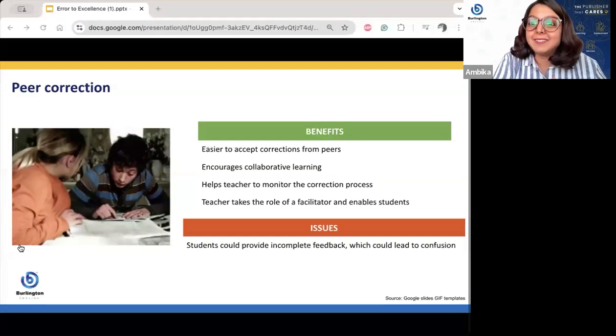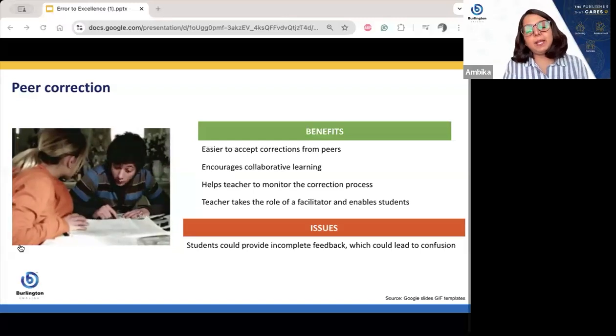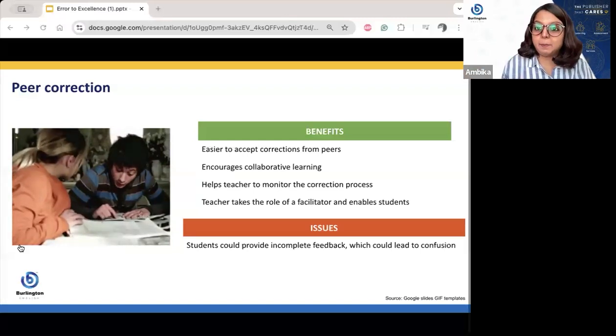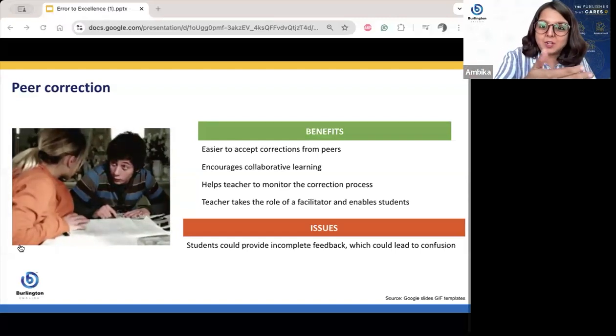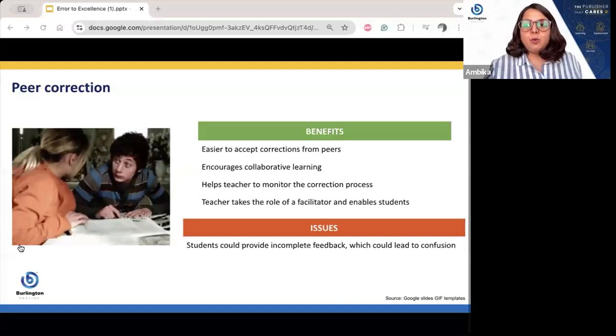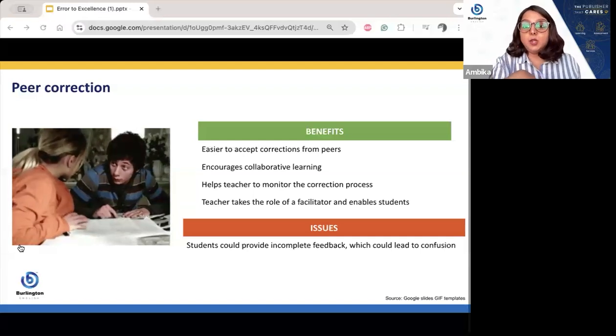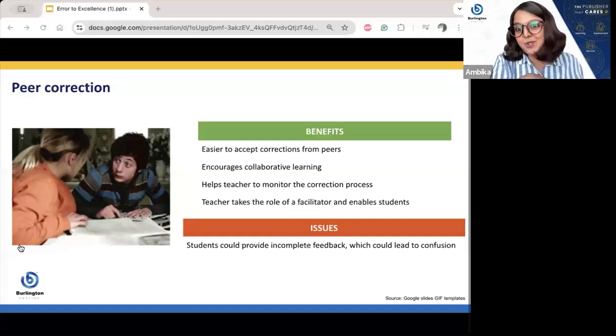They want to know why this is wrong, and the student might not be able to explain. That's when the teacher's monitoring is very important: if you see any student struggling to explain why it's wrong, immediately step in and help them. So even though you are not correcting, your role as a facilitator and a monitor of the feedback is extremely critical here.